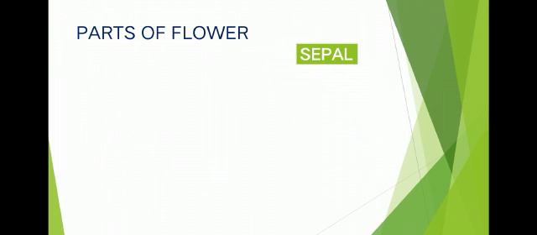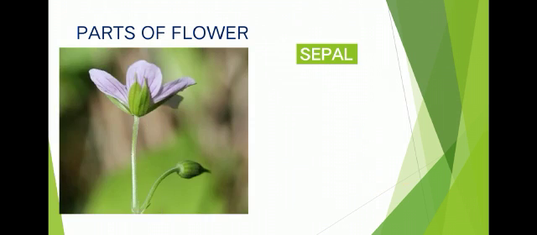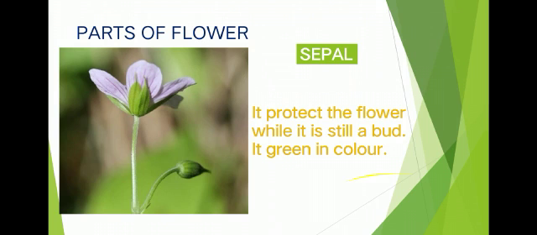First, sepal. This is green in color. The sepals are leaves that protect the flower while it is still a bud. They are usually green in color. Then next, second part, petal. Petals are often brightly colored.